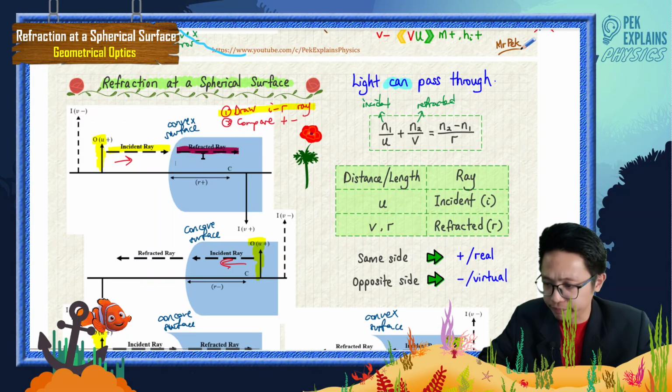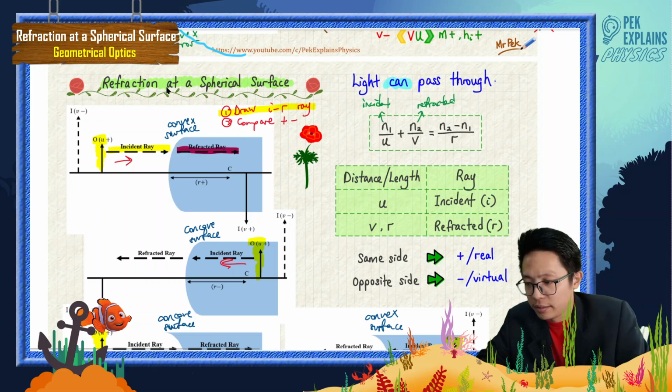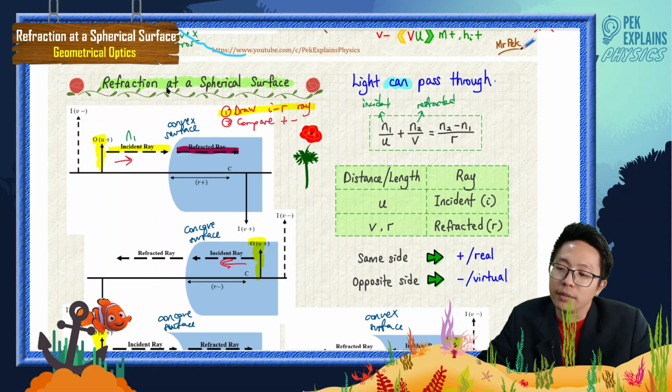Okay, so now N1 is the refractive index for the incident ray. Here is N1. Understand or not? Outside, like this one, outside is air, isn't it? So this is the refractive index N1, and then the light enters into the second medium.